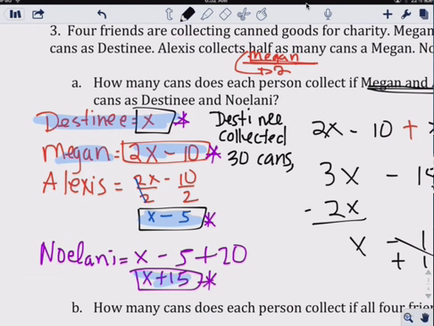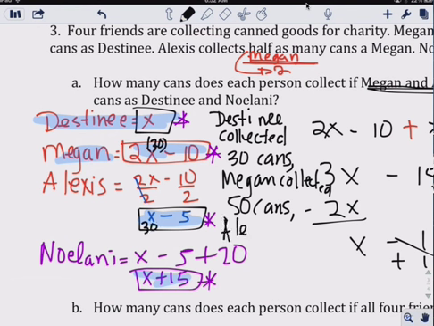If that's the case, 2 times 30 is 60, minus 10 is 50. So Megan collected 50 cans. Good job, Megan. Alexis is x minus 5, and x is Destiny's 30. 30 minus 5. Alexis didn't do bad either.